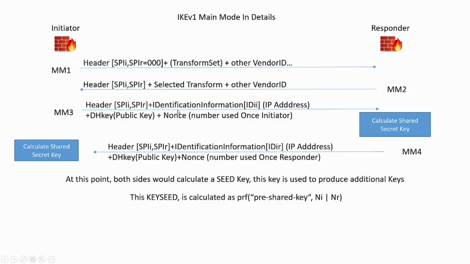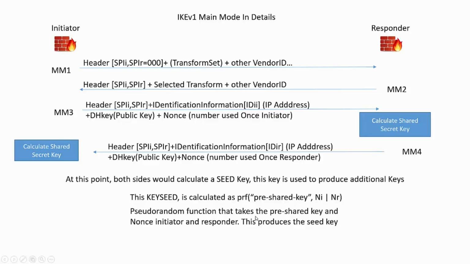And this can only be obtained if the two IP addresses are shared in advance, and the two sides are configured with the opposite side's IP address and pre-shared key. So, that's why main mode requires that the IP addresses be known in advance. It's the way to look up the pre-shared secret. It is going to use that pseudo-random function.